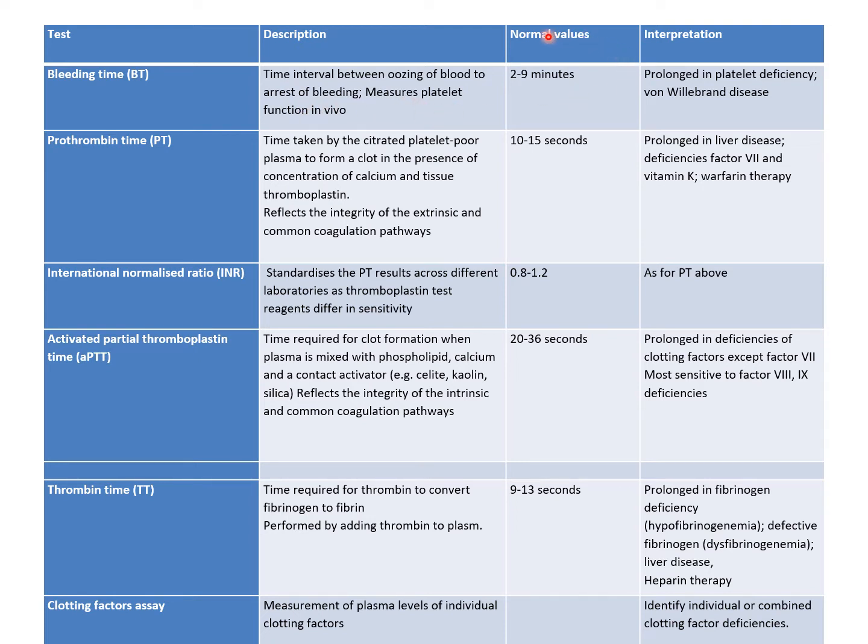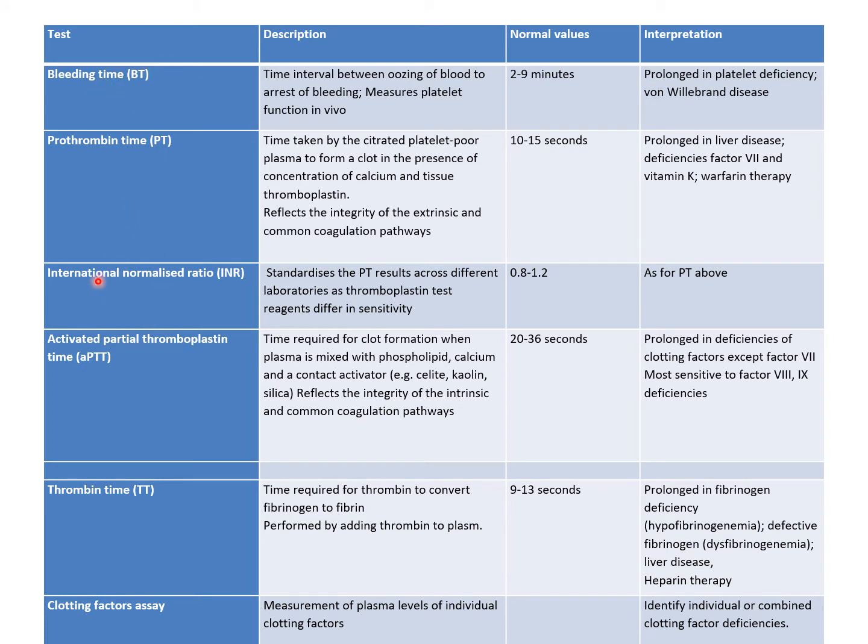And the normal values are 2 to 9 minutes, and you would expect the bleeding time to be prolonged in platelet deficiency, for example, thrombocytopenia, and in von Willebrand disease, which we shall discuss later. Obviously, the anticoagulant drugs, for example, will not directly affect the bleeding time.